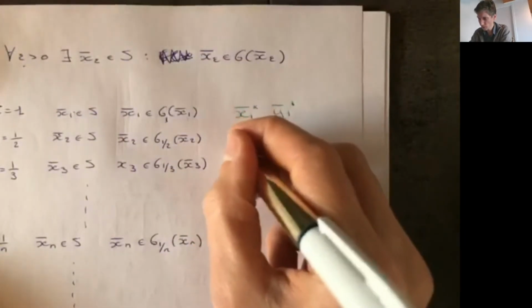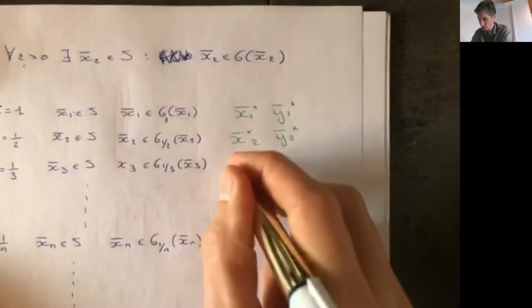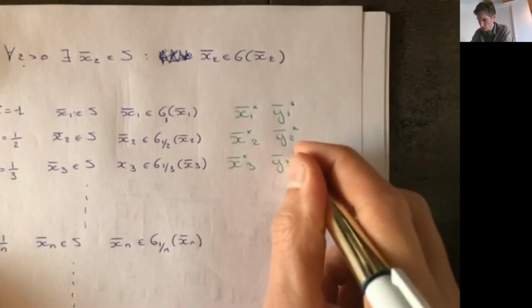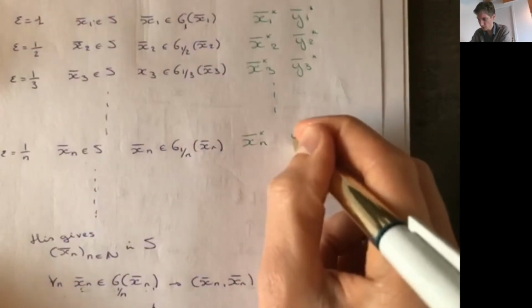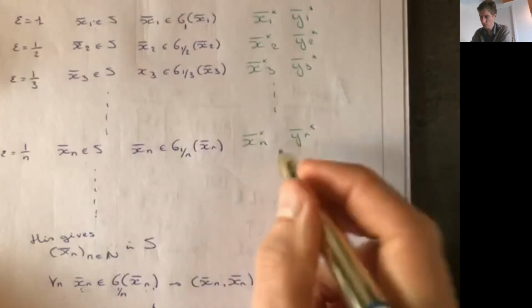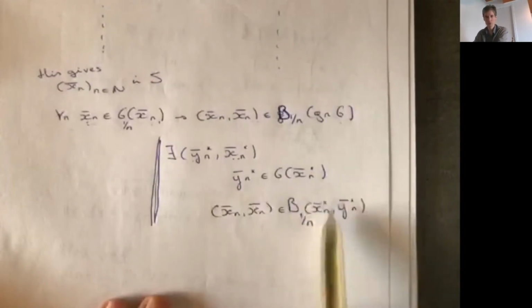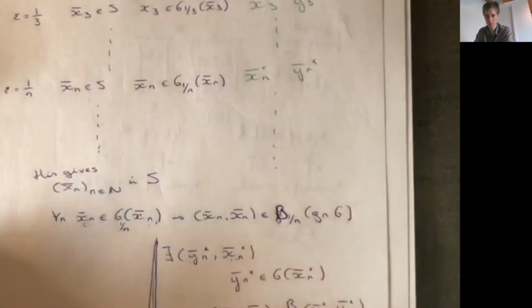Here we have an associated x2 star and a y2 star. Here we have an x3 star and a y3 star, and so on, and in general an xn star and a yn star. This is just by application of this definition.